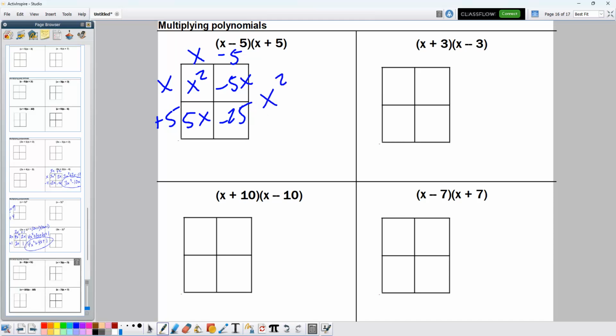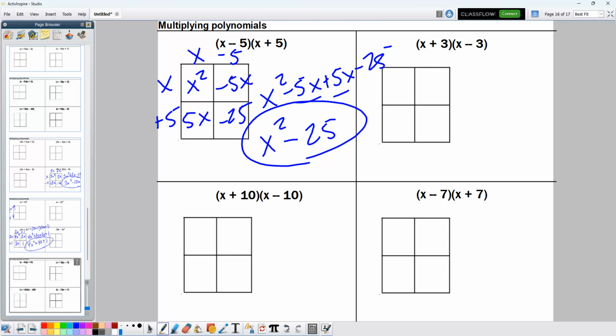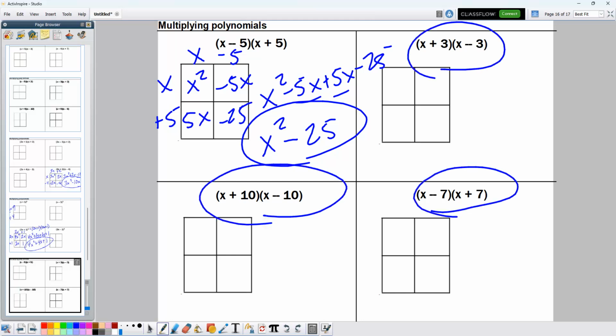When I write this out, x squared minus 5x plus 5x minus 25. What's negative 5x plus 5x? 0. So your final answer will only be a binomial in this case, x squared minus 25. The middle terms will cancel out on each of these when you multiply them.